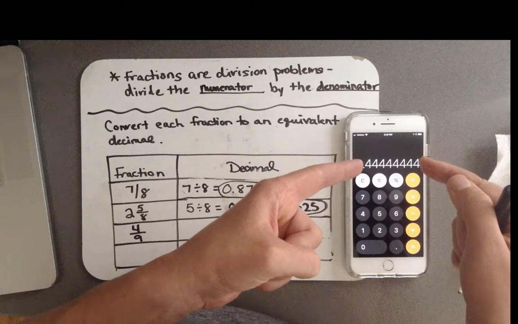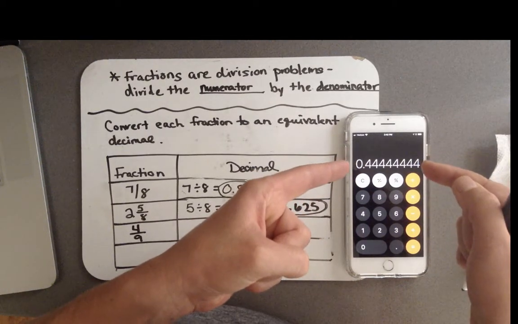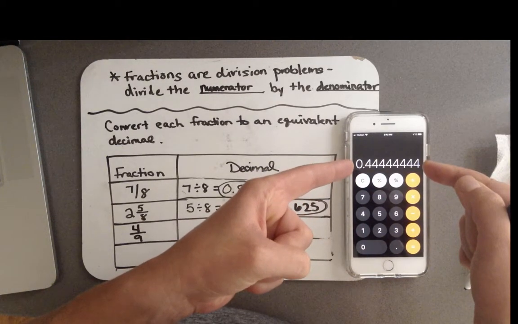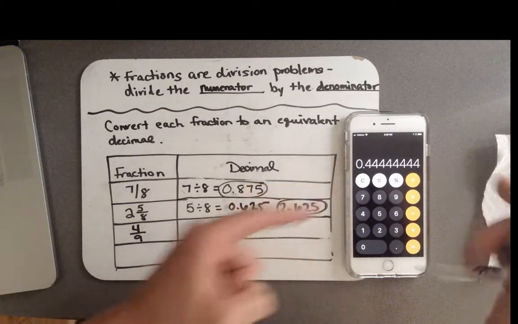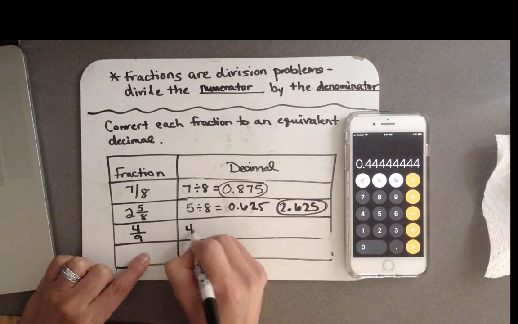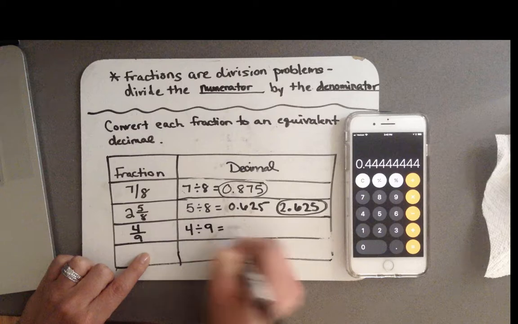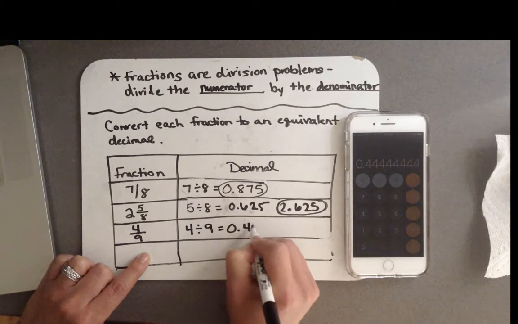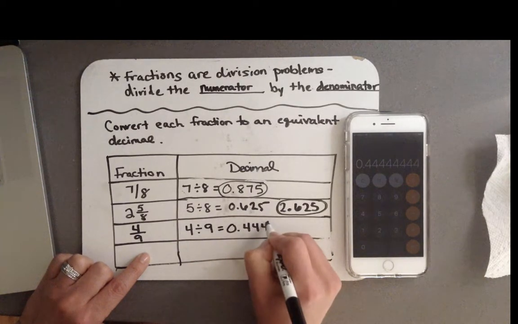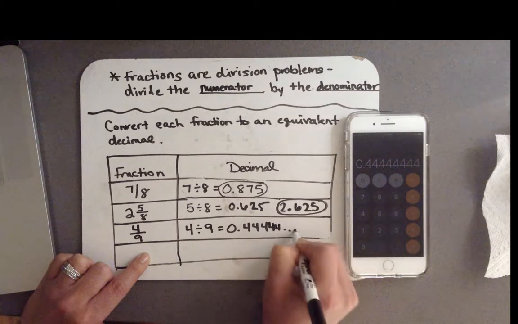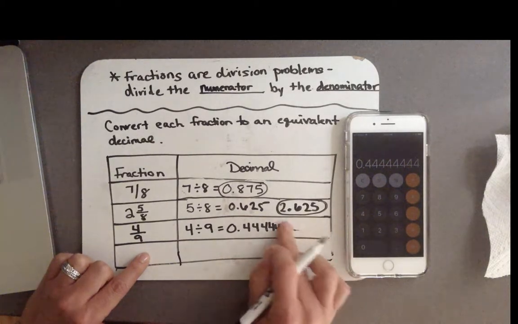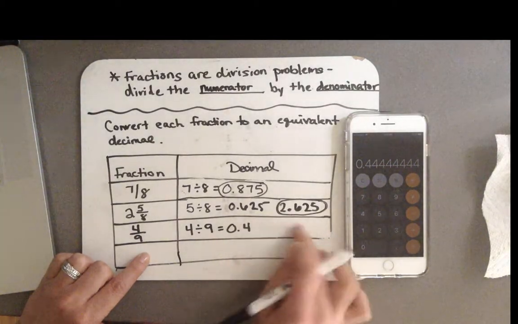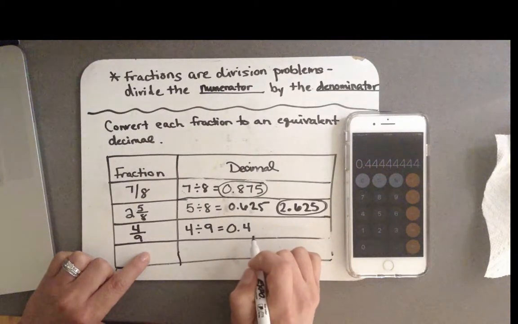This is what we call a repeated decimal. We have that as a part of our vocabulary list. So let me fill this in here. 4 divided by 9. When we did that, we got 0.444. Do you want to sit here and write 4s for forever? I sure don't. So there's a symbol that we can use to represent digits that repeat.